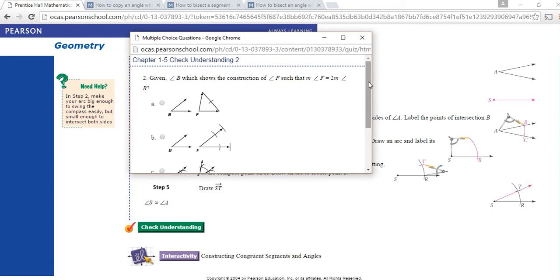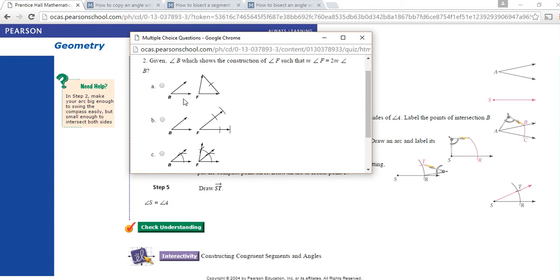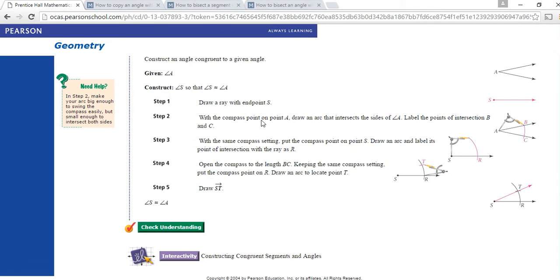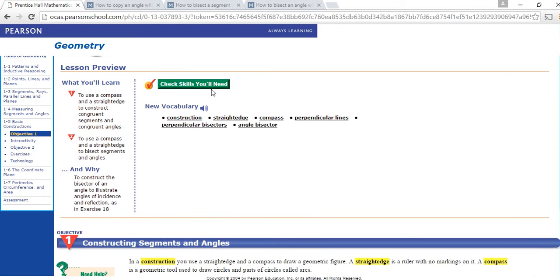Given an angle B, which shows the construction of angle F such that the measure of angle F is twice the measure of angle B. And hopefully when you looked at this, you thought, ooh, it's going to be C, because it's twice the length. Excellent. Woohoo! Good job.